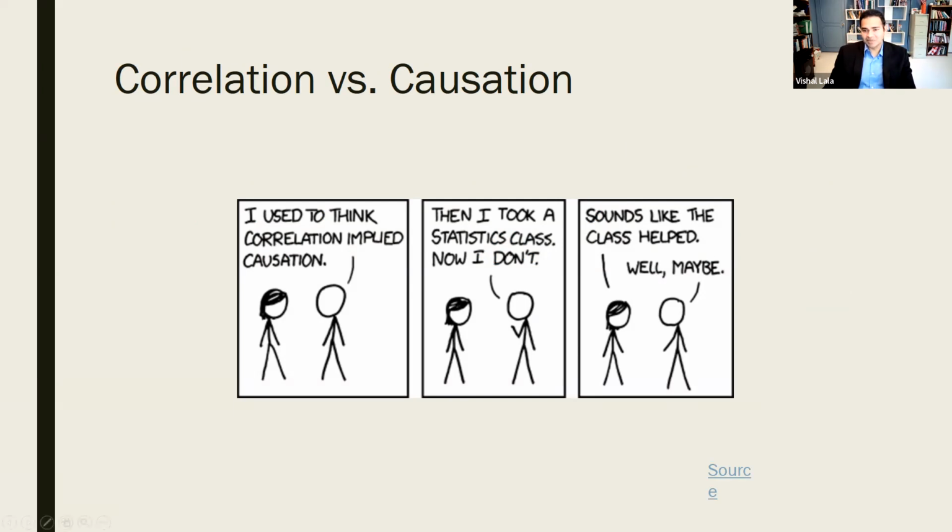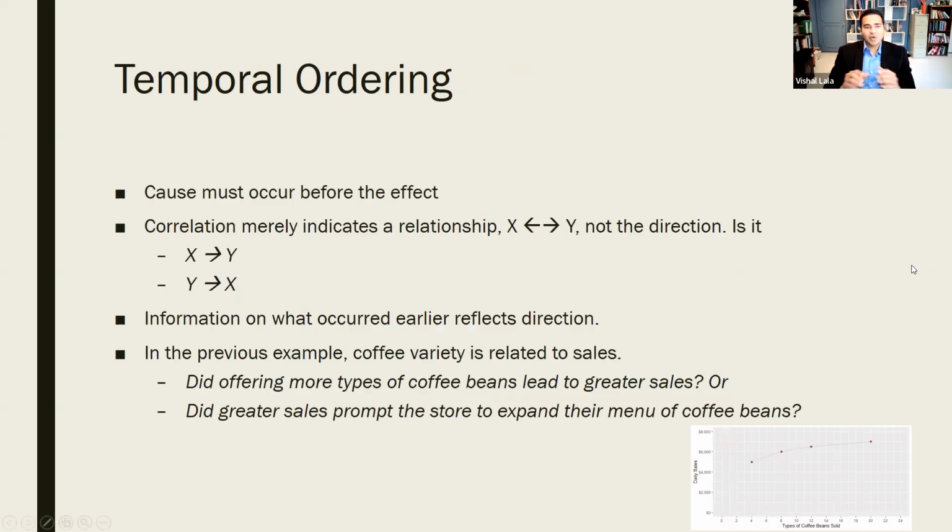Hopefully that made sense to you in light of the contrast of correlation and causation. The second requirement for establishing causation is a temporal ordering. The fact that in order for X to affect Y, X must occur before Y. So correlation is a bidirectional relationship, while causation has a clearly defined direction. It goes from one to the other.